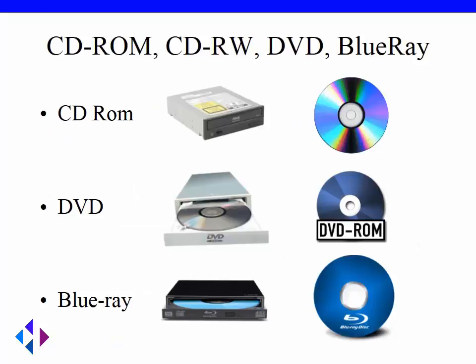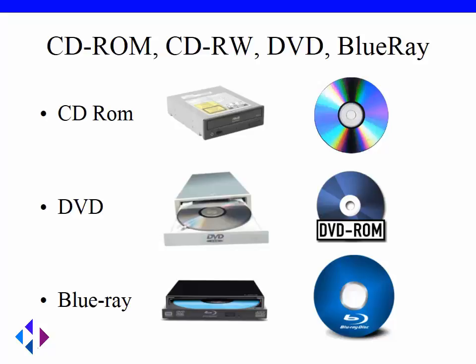The CD-ROM was the first storage device that came out for early PCs and is still extremely popular to this day. They come out with CD-ROMs that are read-only and ones that are read-writable. The same thing is for DVD. There are DVDs that are readable only and read-writable. The difference between a DVD and a CD-ROM is the maximum size of a CD-ROM is about 680 megabytes, whereas a DVD can be up to 8 gigabytes if you're burning on both sides of the DVD disc.